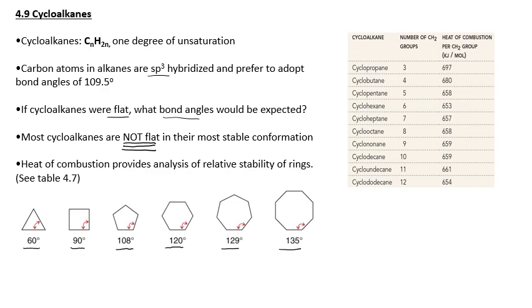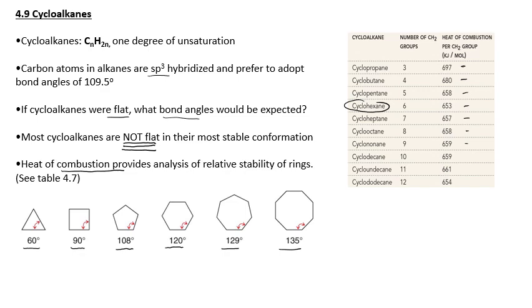Well, we can look at combustion analysis. So the heat of combustion, if you notice, cyclopropane is relatively high, and then it gets lower and lower and lower. Cyclohexane is the lowest, and then the heat of combustion per CH2 group increases.